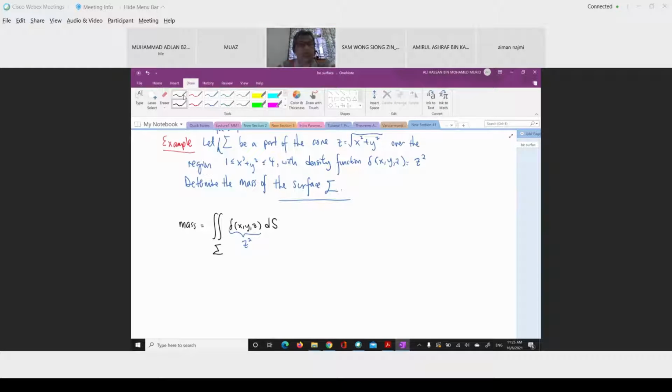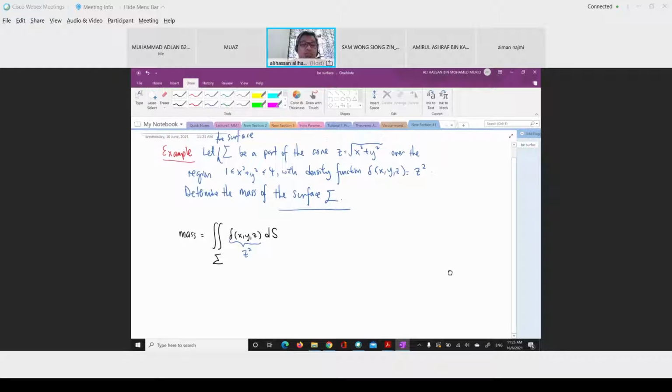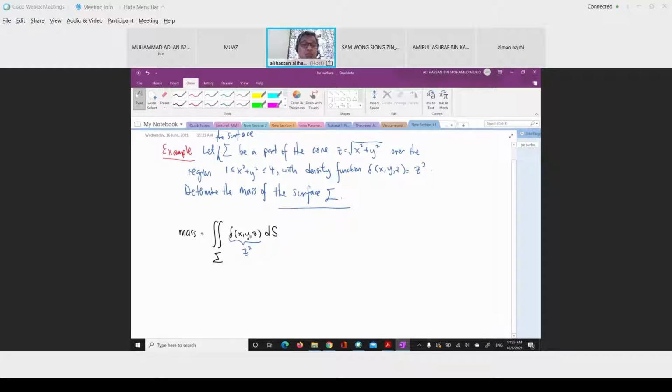All right. So how to evaluate this surface integral? Let us first make a sketch of the surface.